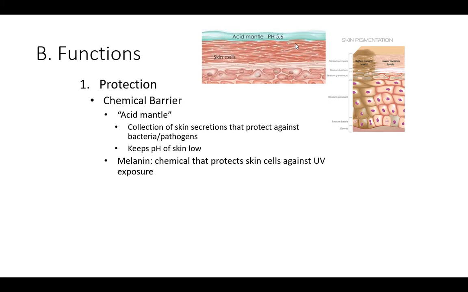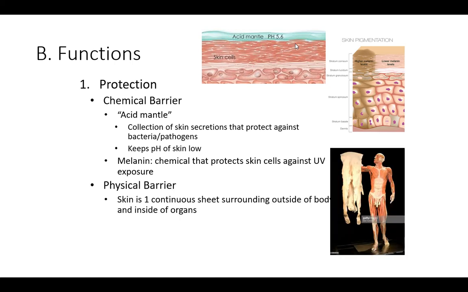But this is actually a chemical that's attempting to protect the nucleus of every one of our epidermal skin cells as we go out into the sun. That UV light from the sun can damage the DNA inside the nucleus. So melanin is produced and laid around and over top of the nucleus to act as a little bit of a barrier to protect that DNA. Melanin is another chemical barrier that offers protection in our skin.